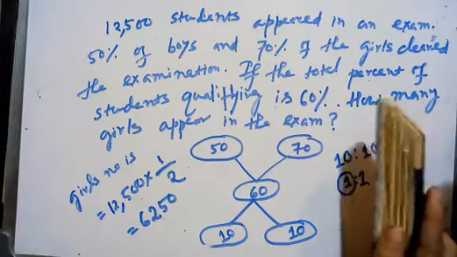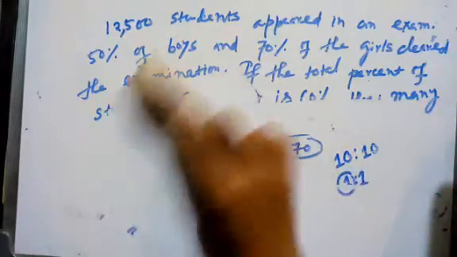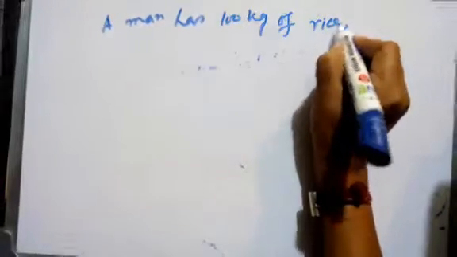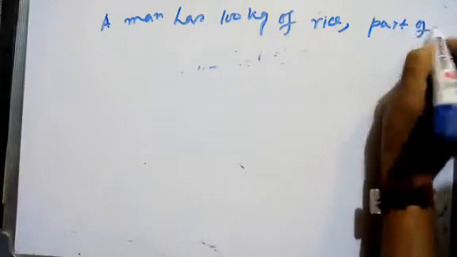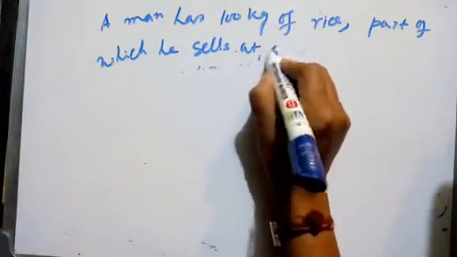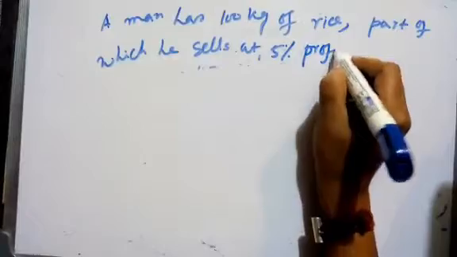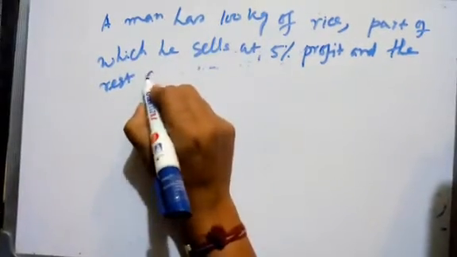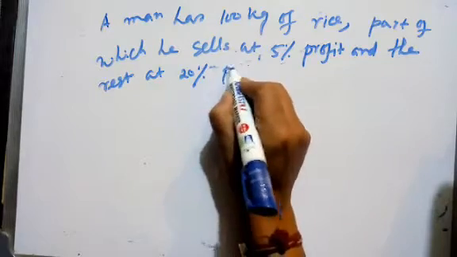So our next math is: a man has 100 kg of rice, part of which he sells at 5% profit and the rest at 20% profit.